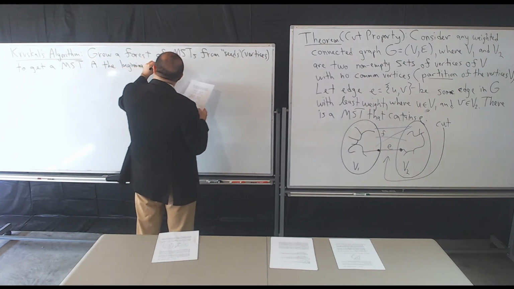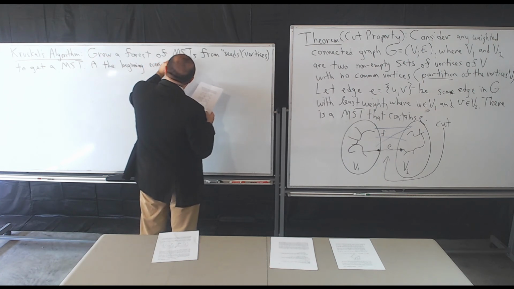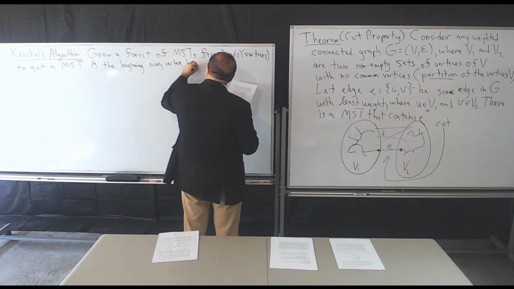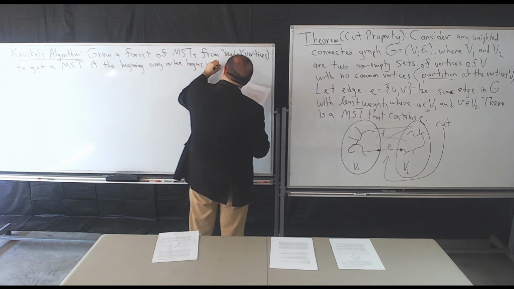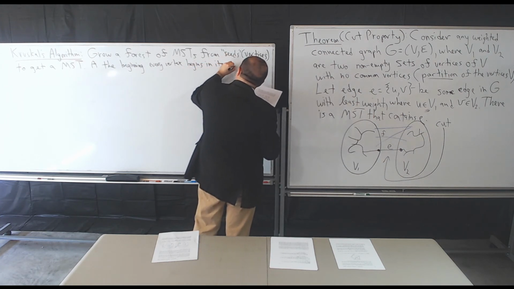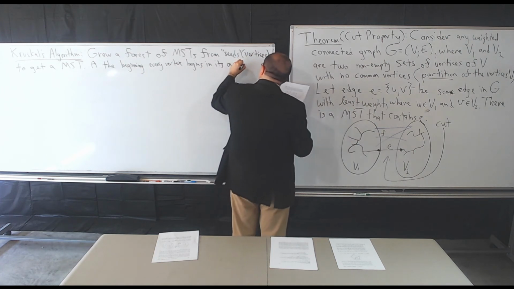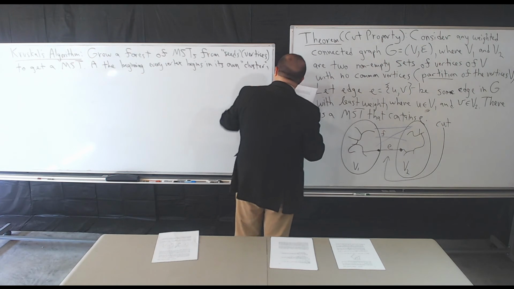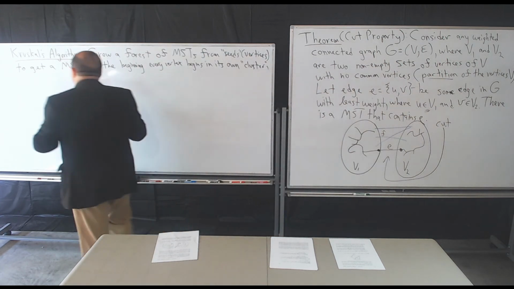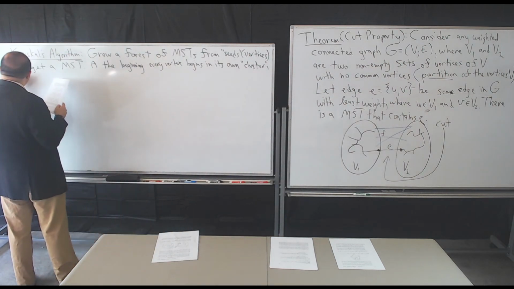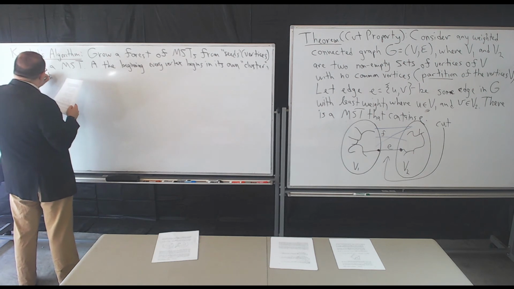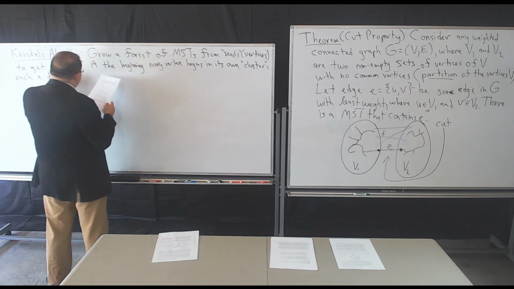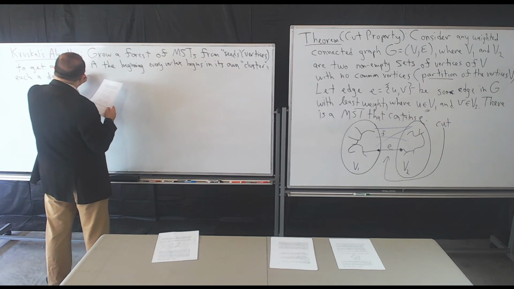every vertex begins in its own cluster. And each one of these is a disjoint connected component of the graph.